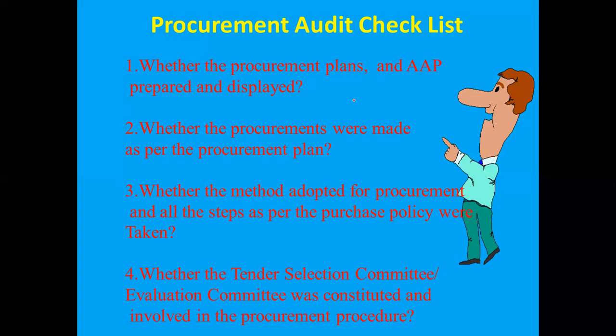Next, whether the method adopted for procurement and all the steps as per the purchase policy were taken or not. So whenever you are going for any procurement process, we have to follow some steps. So what are the steps related here?